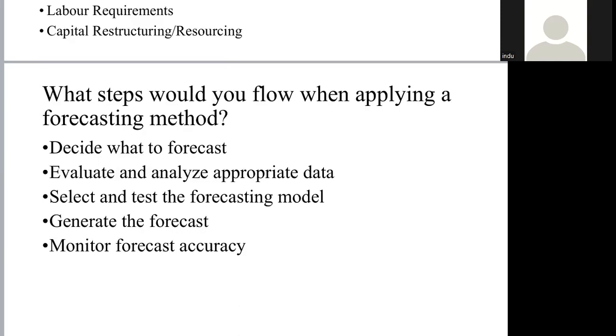Another very important factor is accuracy. It is the most important. The common procedure is to narrow the choice to 2 or 3 different models and then test them on historical data to see which one is most accurate. And then you can select the forecasting model.